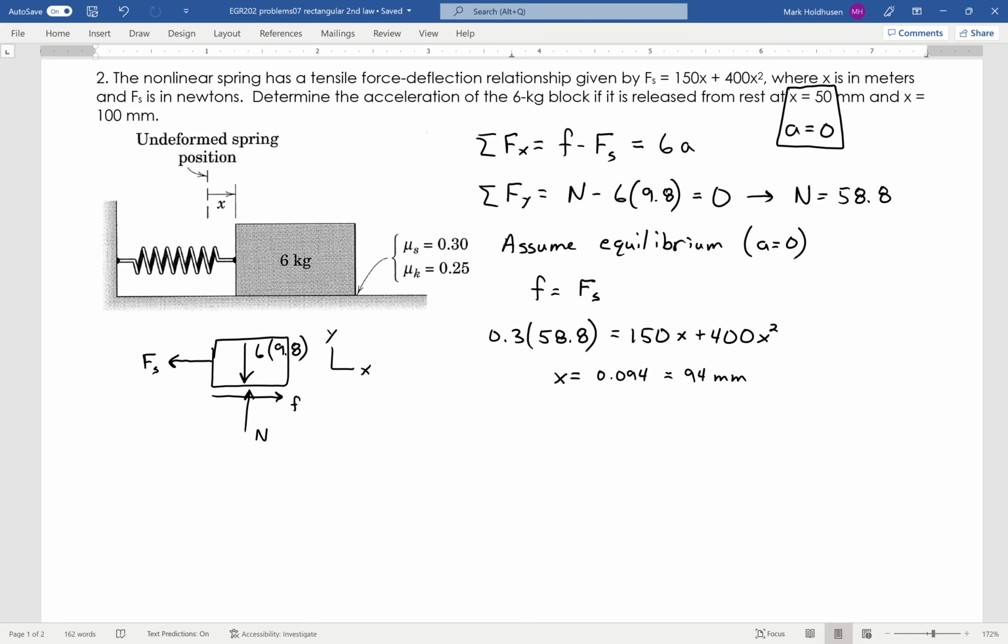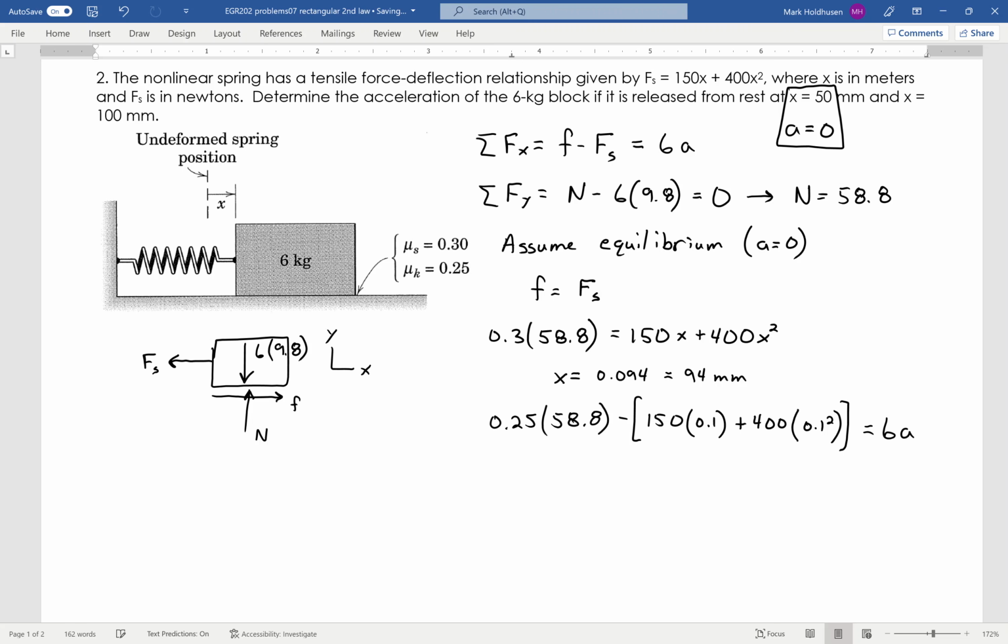At 100, now I know my friction force will be mu k times N. So I take that friction force, and this time I'll call it 0.25 times 58.8, minus my spring force, which is going to be 150 times 0.1 plus 400 times 0.1 squared, and that's going to equal 6a.